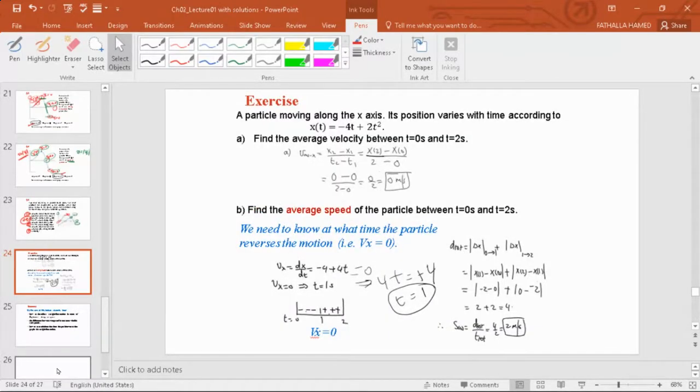So that's basically what we want to do. An exercise that you have there, you can do it later, but we can go through it very quickly. You're given that x is equal to minus 4t plus 2t squared. Find the average velocity between t equals 0 and 2 seconds.